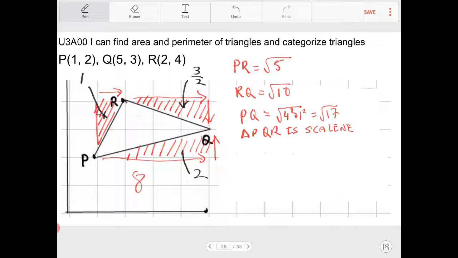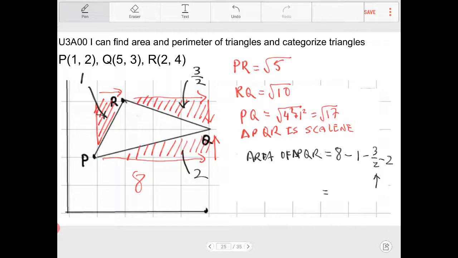So the area of triangle PQR will be 8 minus 1 minus 3 over 2 minus 2. And if you're wondering what to do with the 3 over 2, it's okay. You can call it 1.5 if you'd like, okay?